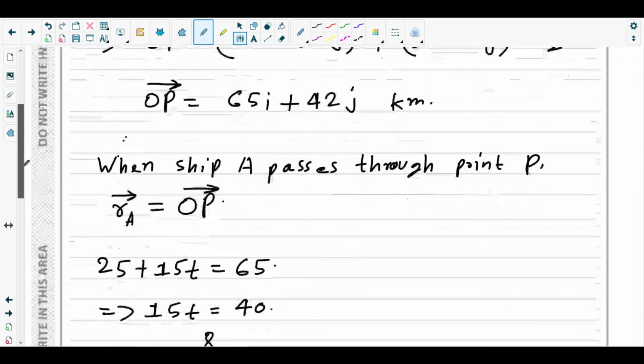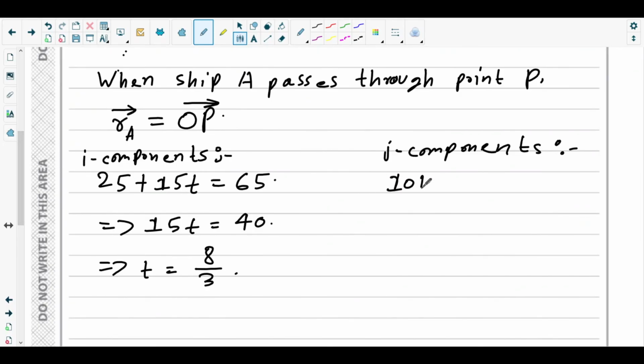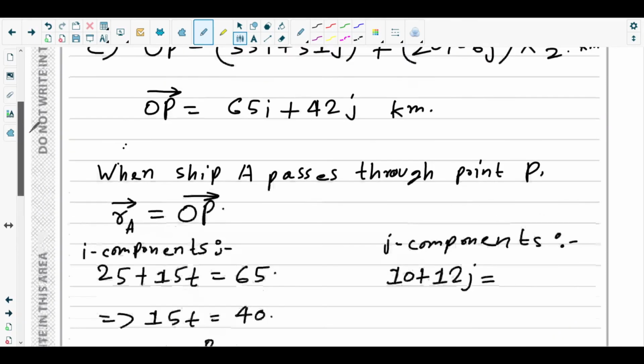We considered the i components, and now we will consider the j components. The j components are basically 10 plus 12t. What's the j component of point P?